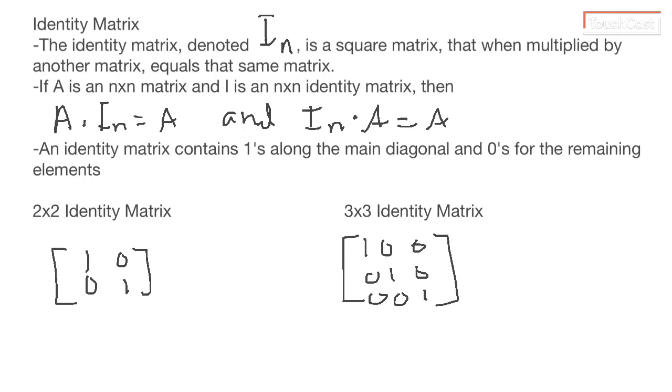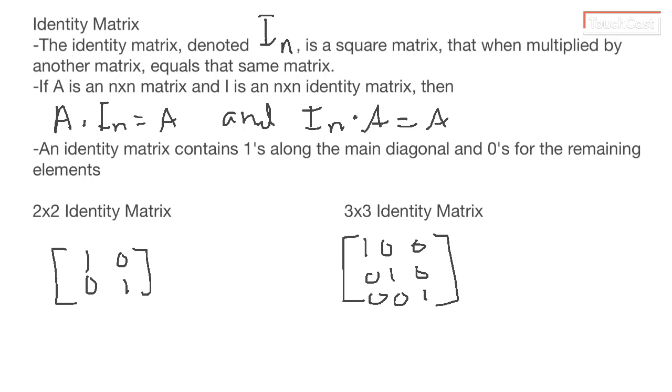So then the identity matrix, which we denote as I with a subscript n, is a square matrix that if we multiply by another matrix, it's just going to give us that same matrix back. So we say if A is an n by n matrix, a square matrix, and I is also a square matrix, n by n, then if we take A times the identity matrix, we get A back.